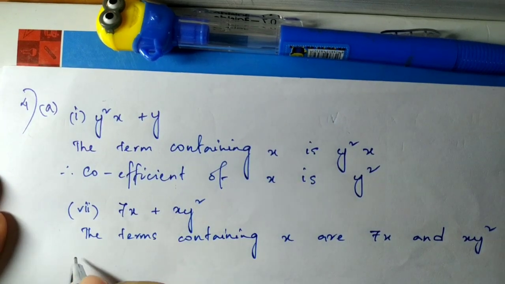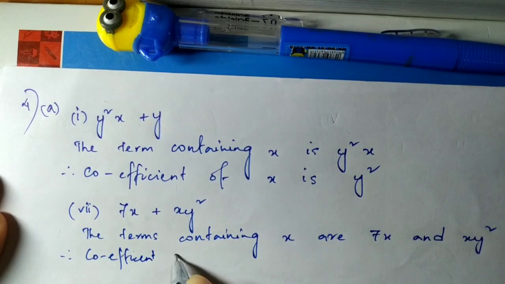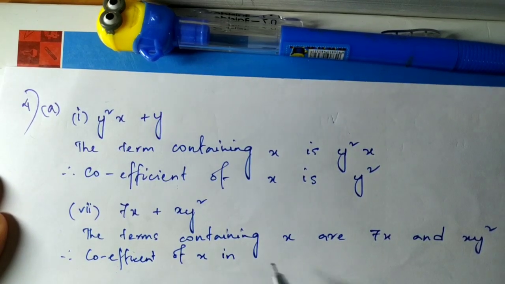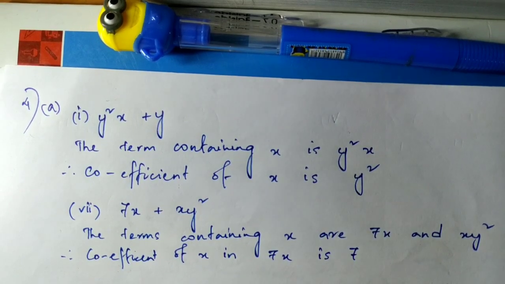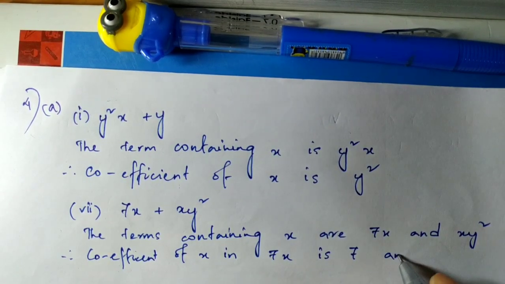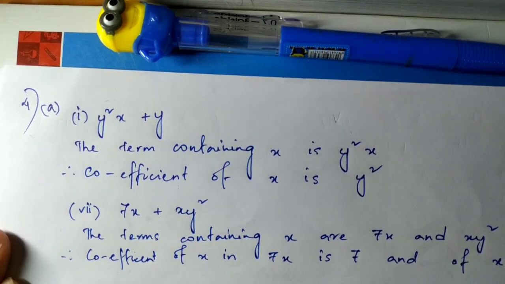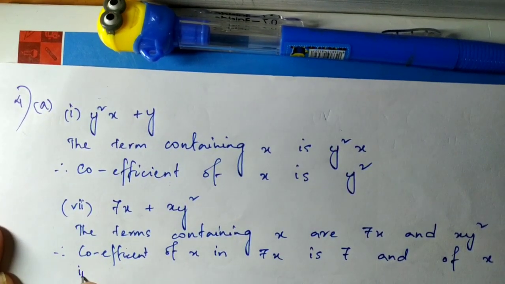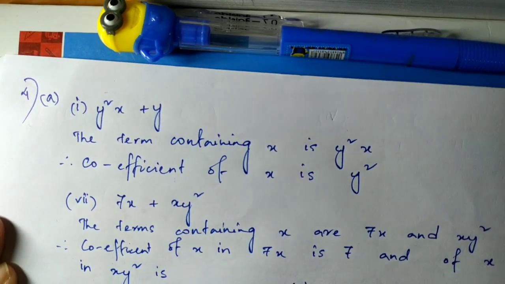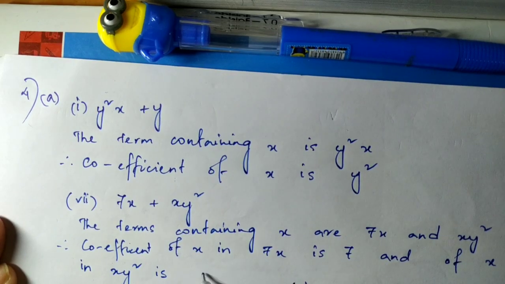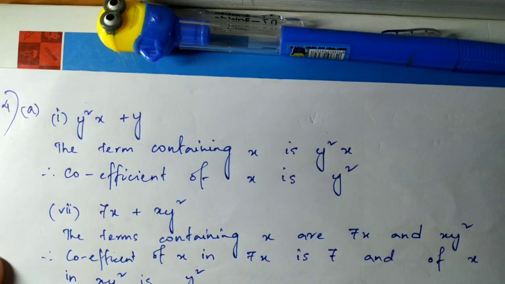So therefore the coefficient of x in 7x is 7. Okay, for 7x. And the coefficient of x in xy square will be how much? Y square. So this is your solution. So I hope you have understood this.